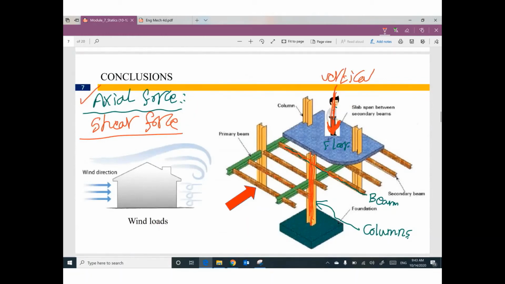So the horizontal member will be under the effect of shear. So right now, at this moment, you are making shear on beams. Why? Because my weight direction is perpendicular to these members. So I'm making shear right now.